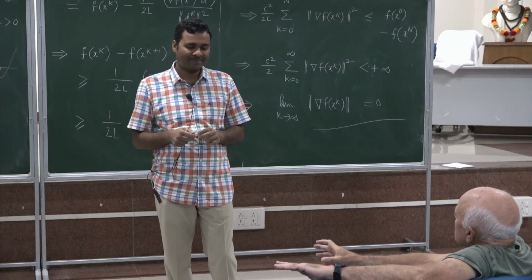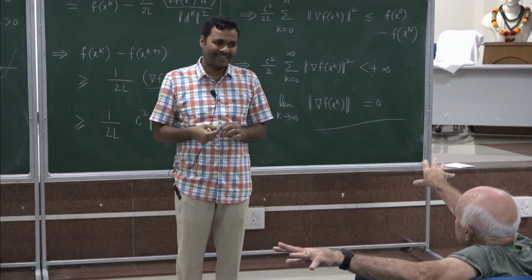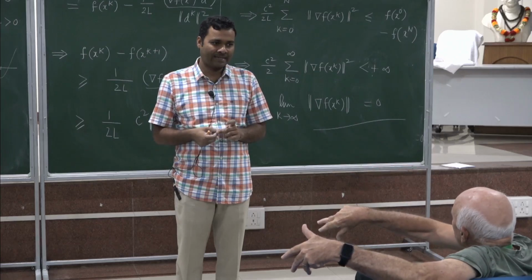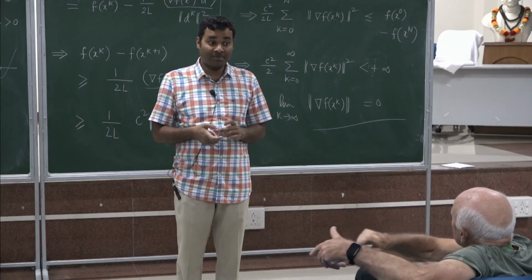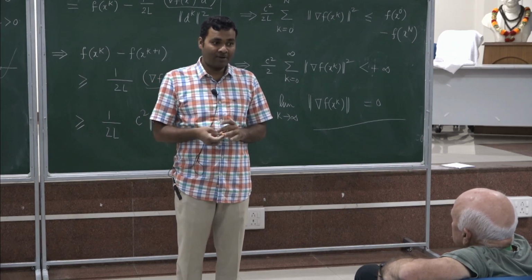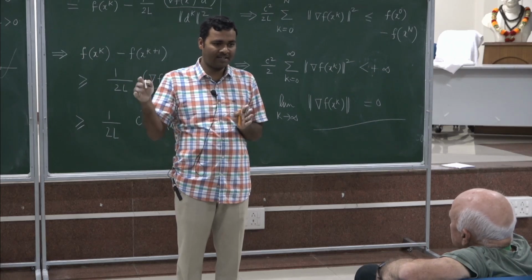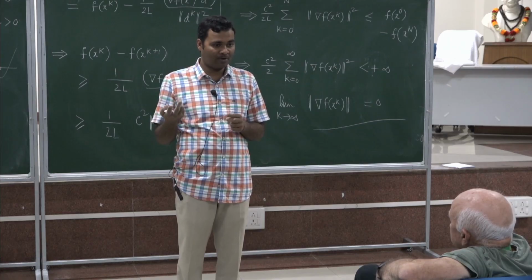So if you assume the norm of d_k is equal to 1, what would be the condition on alpha_k? Then for the diminishing step size it will be tricky, because the summation of alpha_k being positive infinity and alpha_k tending to 0 may be lost.